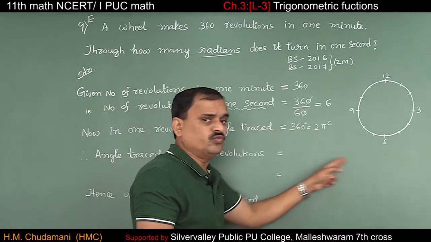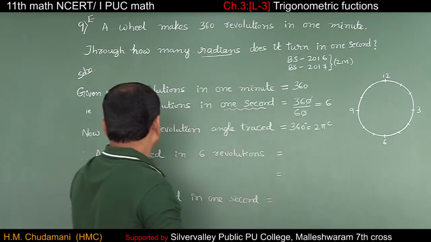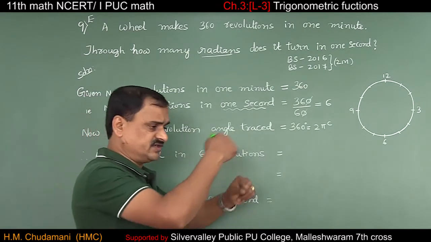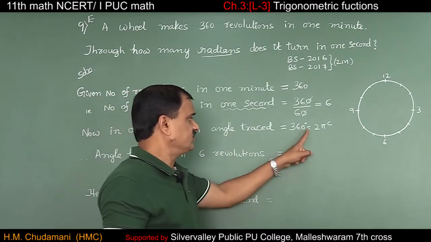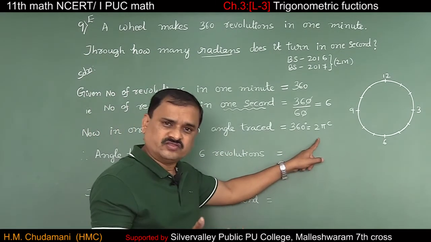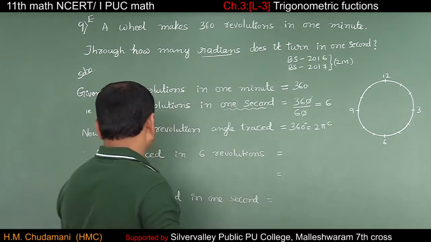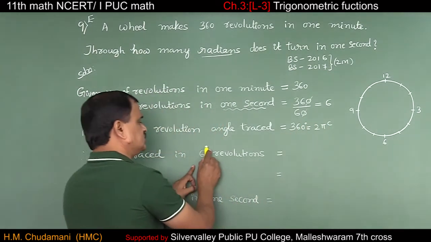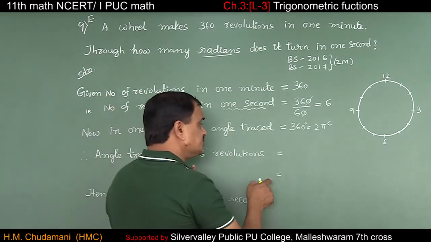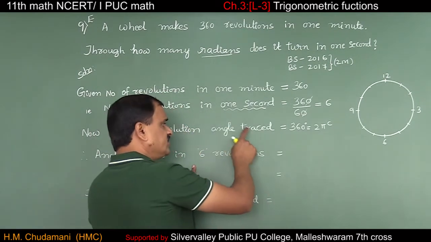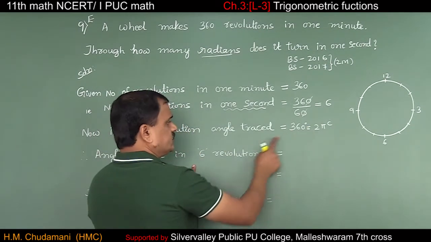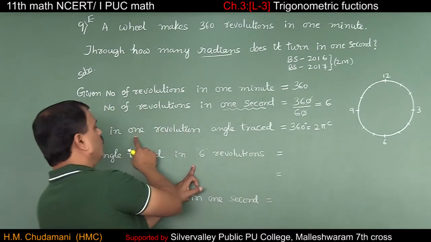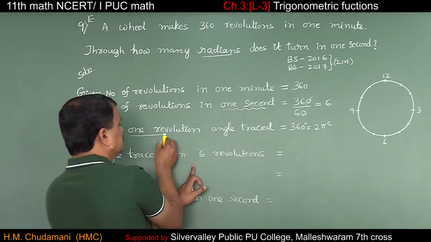Now in 1 revolution, we know that the angle traced is a complete circle. That is 360 degree, nothing but 2 pi radians. So therefore angle traced in 6 revolutions: 1 revolution means 360 degree, 1 revolution means 2 pi.